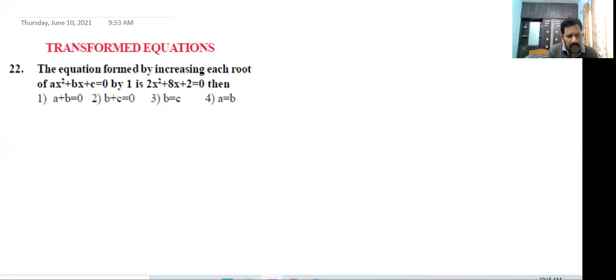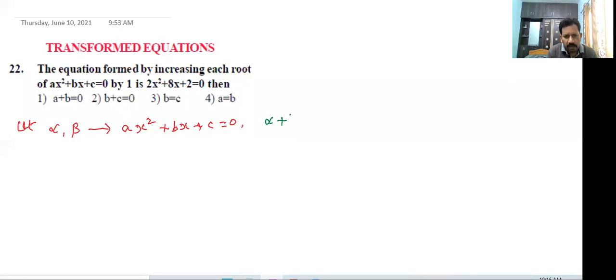So let alpha comma beta be roots of the equation ax square plus bx plus c is equal to 0. After that, each root is increased by 1.